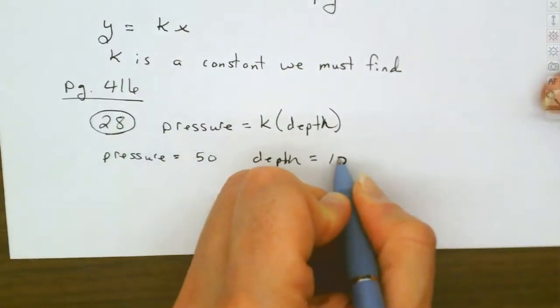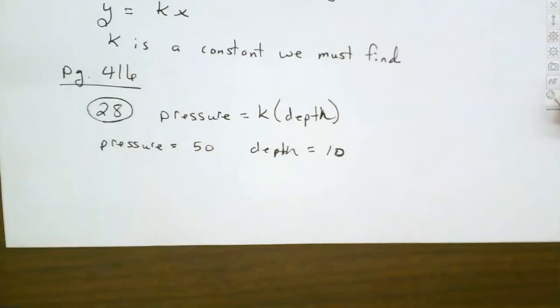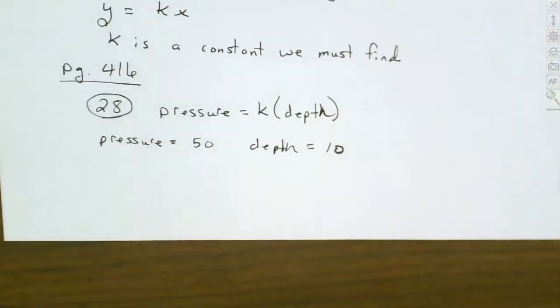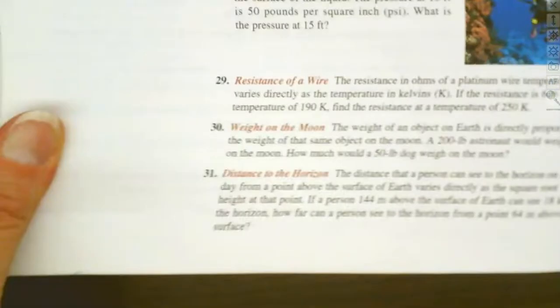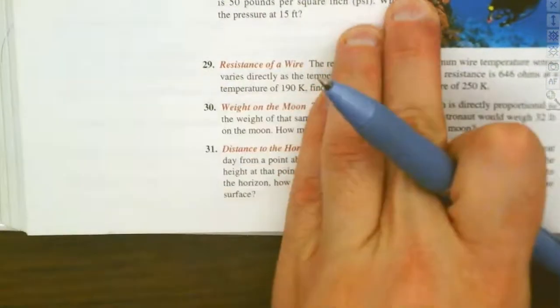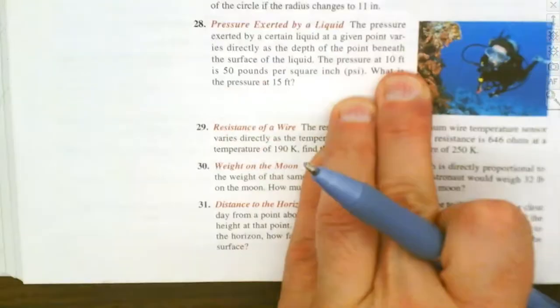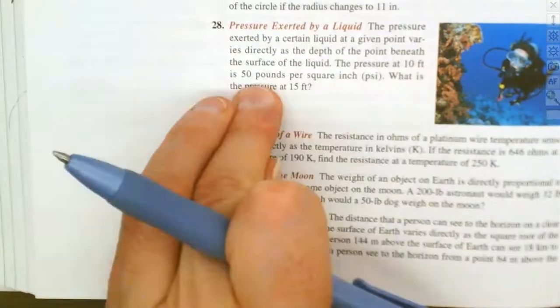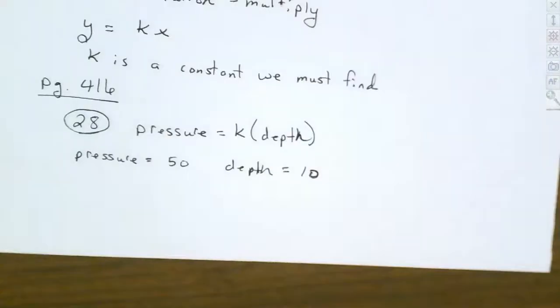Okay, so is everyone all right with that? So those are given. So they give you in that question, right here on 28, they give you 10 feet, 50 pounds. Now, we can find our K.